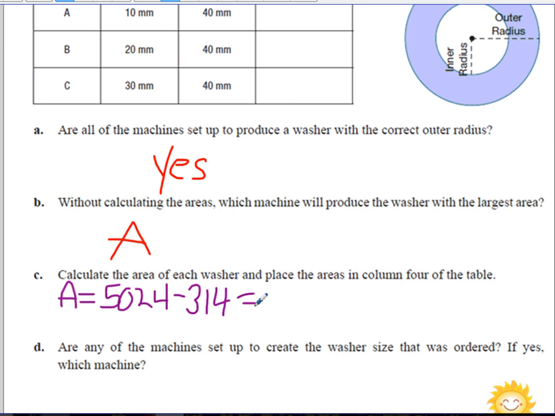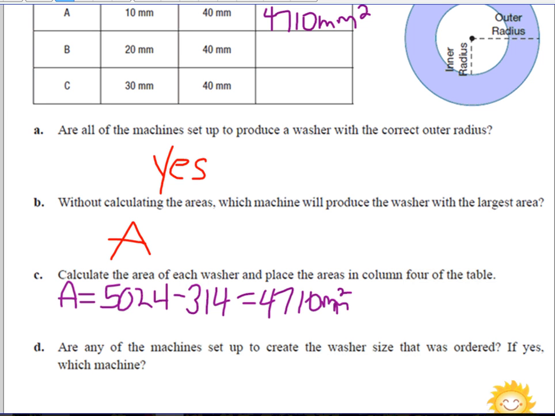So the area of washer A would be 4710 millimeters squared. Plug into our chart.